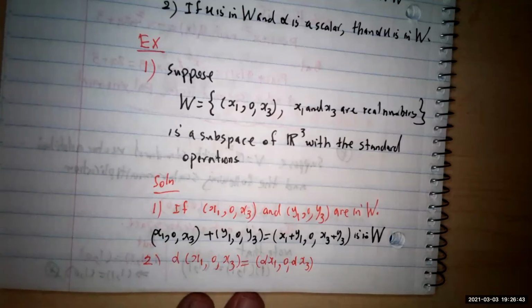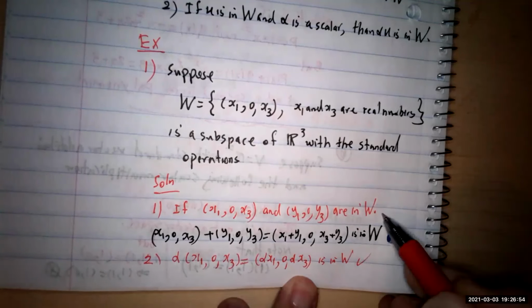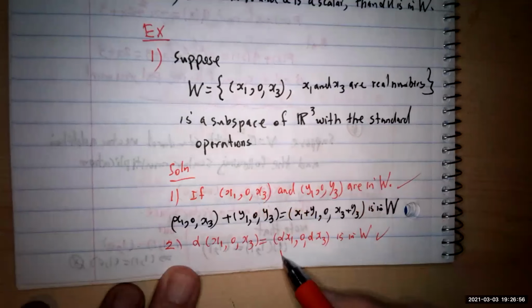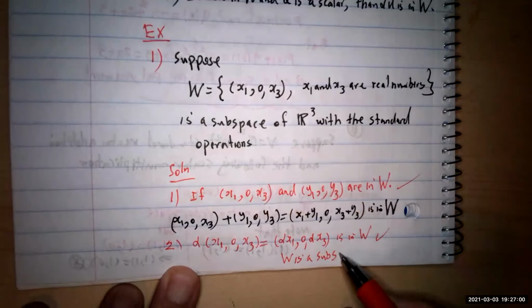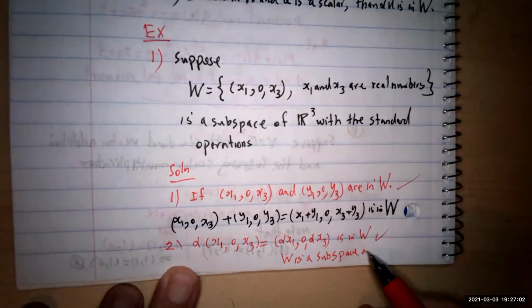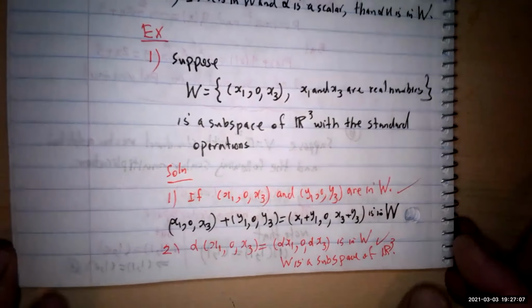You see, if you multiply a vector in W by a number, the result is also the same kind. So this is in W. So the two conditions are satisfied, W is a subspace of R3. See, this is the way you prove.